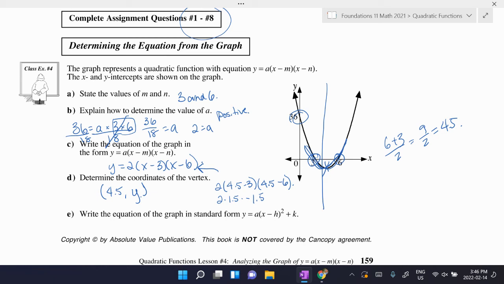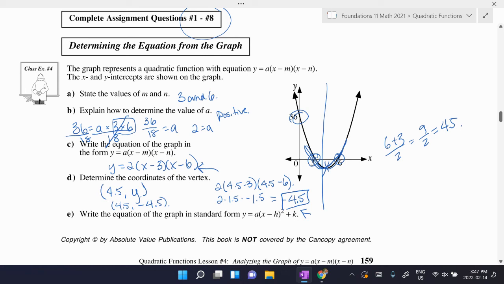Yeah, they're really good. And that is going to be negative 4.5. Okay. So the vertex will be 4.5 and negative 4.5. Write the equation of the graph in this form.